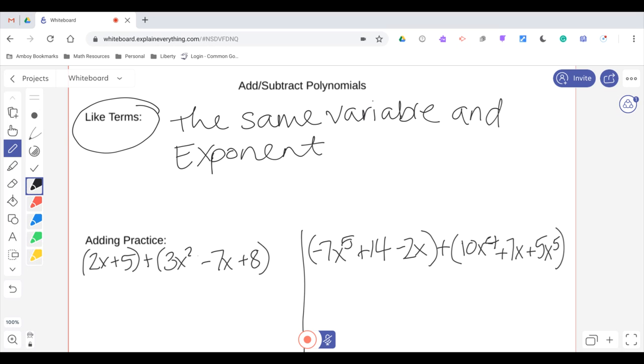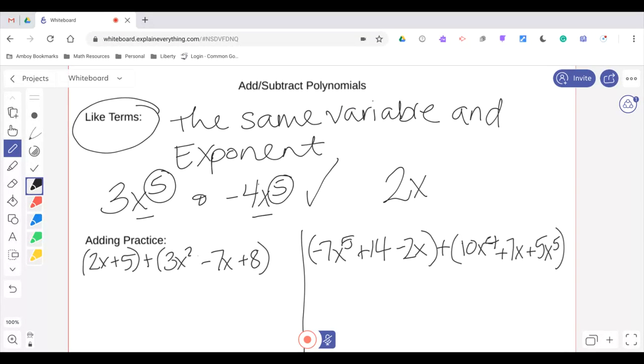For example, 3x to the fifth and negative 4x to the fifth are like terms because they both have an x and they both have an exponent of 5, but 2x and 9x squared are not like terms because this has an exponent of 2 and this does not.